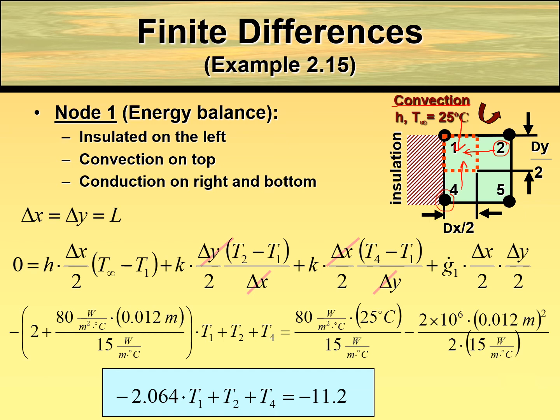So this is convection. Again, the formula is Newton's law of cooling, h A times T surface minus T infinity, or you can also have h A times T infinity minus T surface, depending on which temperature is bigger. Now since the heat is coming into the element, it will be T infinity minus the node temperature.